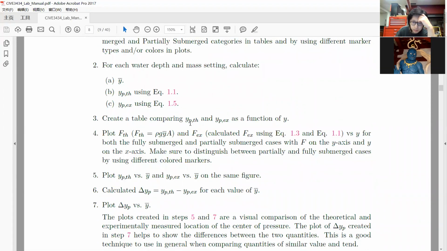Create a table comparing YP theoretical and YP experimental as a function of Y, which means, okay, let me just draw something.